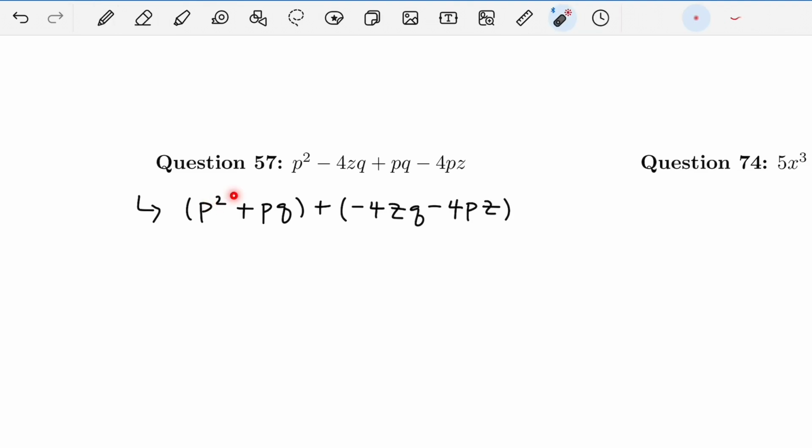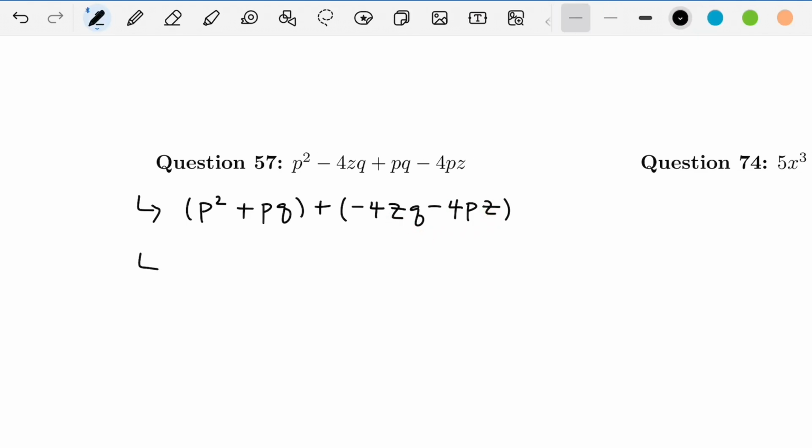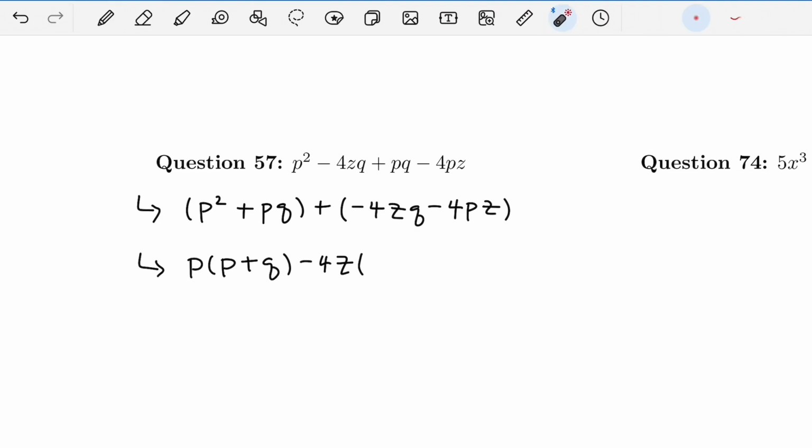So for this first pair, they share a factor of p, and for the second, they share a factor of minus 4z. So I'm going to pull out those common factors from each pair. I'm left with p on the outside of p plus q for the first term. Now for the second term, I'm going to pull out a minus 4z. So we'll have minus 4z out front. And then we're left with, since I pulled out this minus here, we have a negative coefficient.